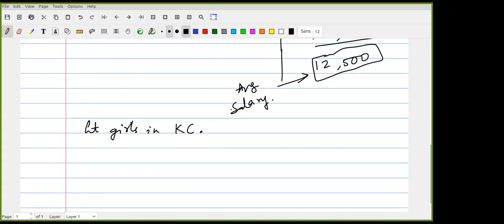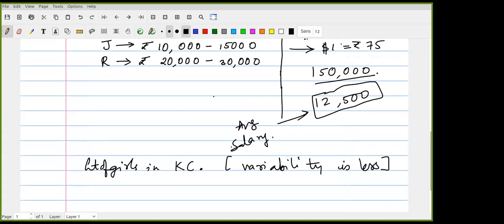So these are two very different examples. Here, for the height of girls in KC, I can say the variability is less. And here it is very high. Yes or no?